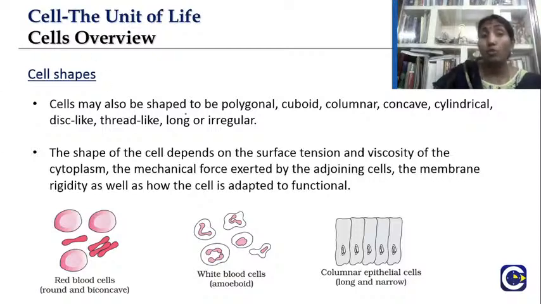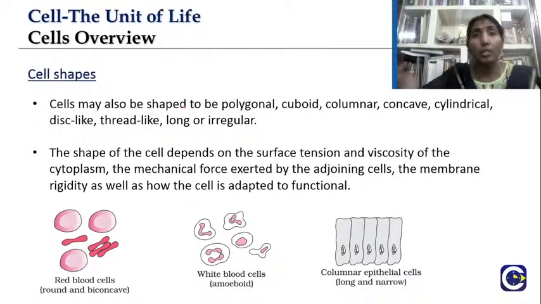So cells may also be shaped to be polygonal, right? They can be cuboidal, columnar, concave, cylindrical, disc-like, thread-like, long, irregular. Like they are of so many shapes. You can see the cuboidal cells lining the epithelium of the thyroid gland, the columnar cells lining the epithelium of your stomach, the biconcave cells of your RBC, right?